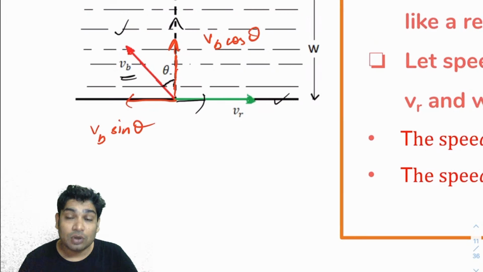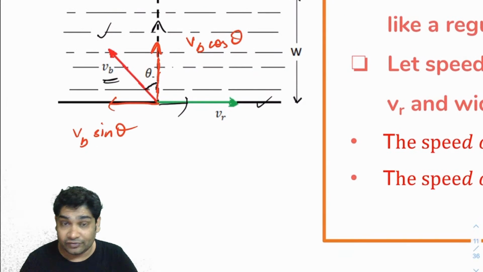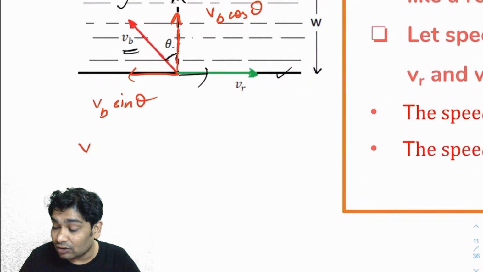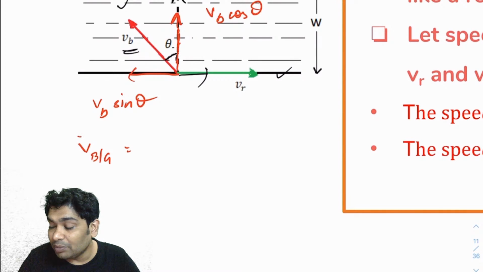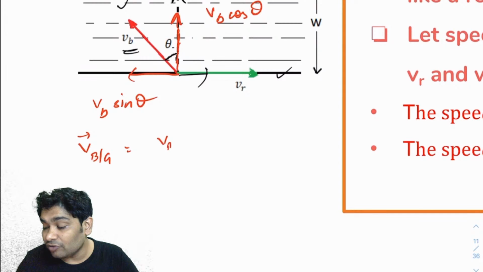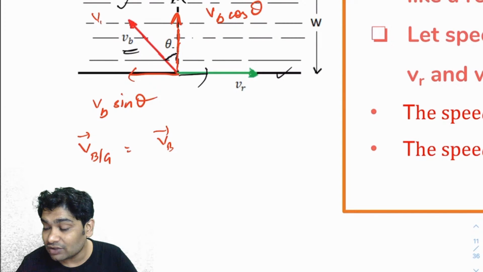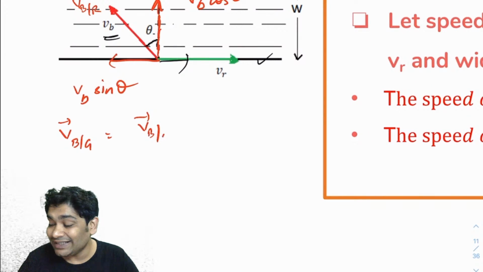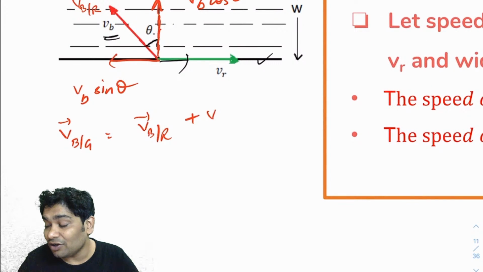All right. So now let's see the velocity of the boat with respect to the ground. So velocity of boat with respect to ground, that would be, I know, velocity of boat with respect to river, which is VB. Okay, so this is the velocity of boat with respect to river, VB with respect to R vector, by the way, plus velocity of river vector.